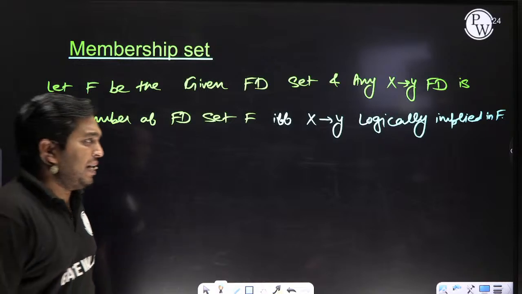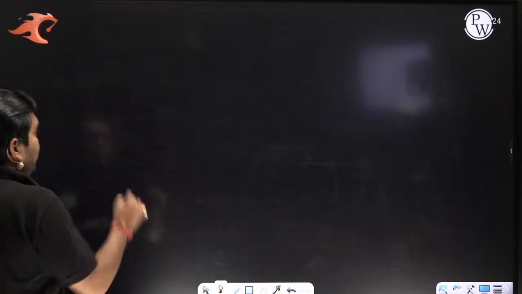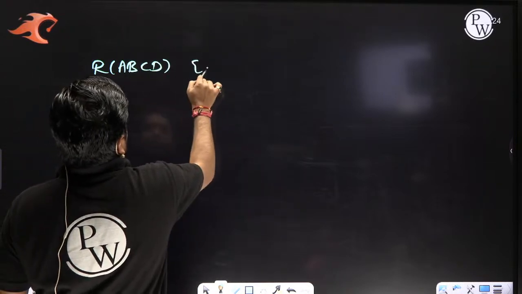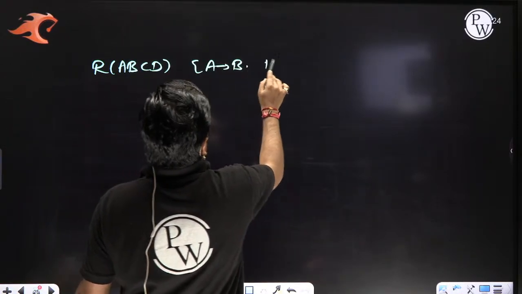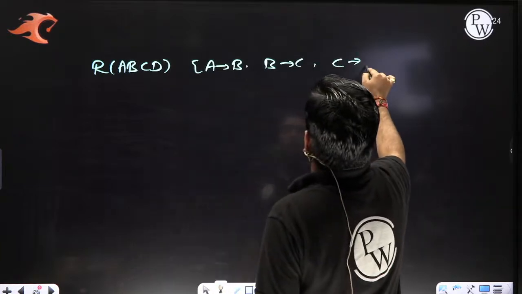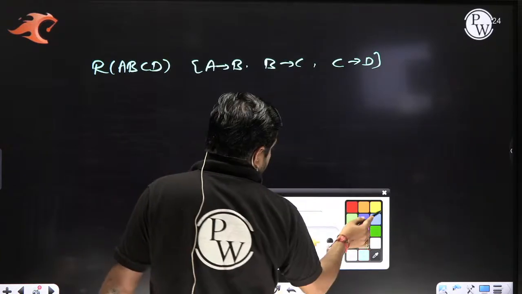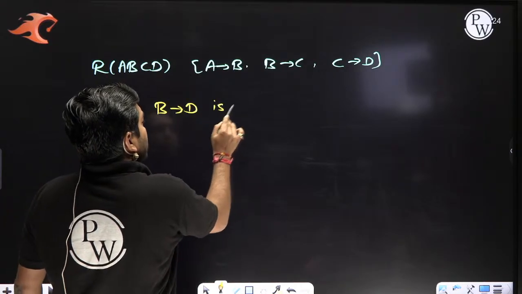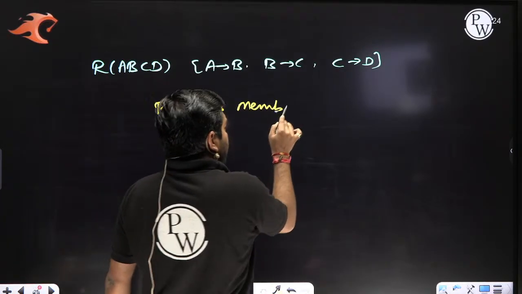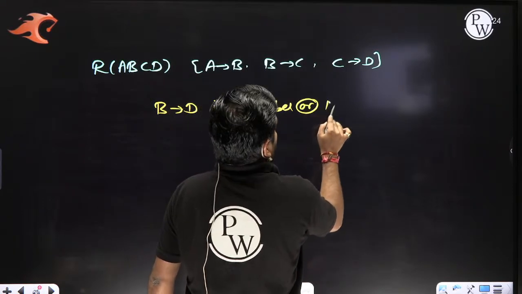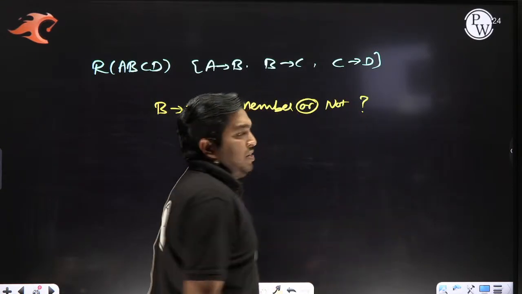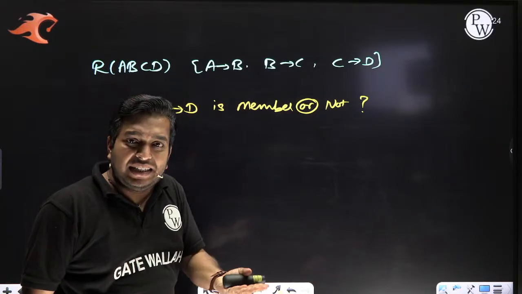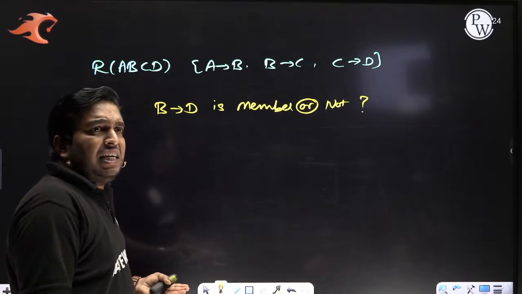First of all, I am taking one example. Let us assume we are given A, B, C, D, with A to B, and asking whether A, B tends to C is a member of the FD set or not, my dear. Then how can we say? Just take the closure.